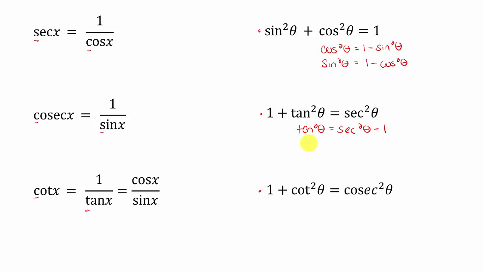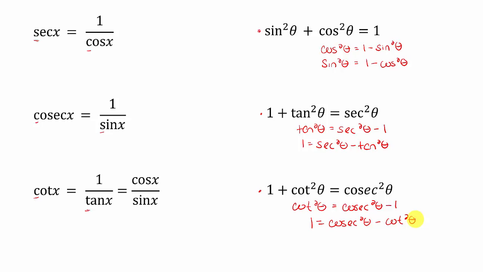Or I could say 1 is equal to secant squared theta minus tangent squared theta. So you're just using algebra to manipulate these. Down here, I could say cotangent squared theta is equal to cosecant squared theta minus 1. Or I could say 1 is equal to cosecant squared theta minus cotangent squared theta.